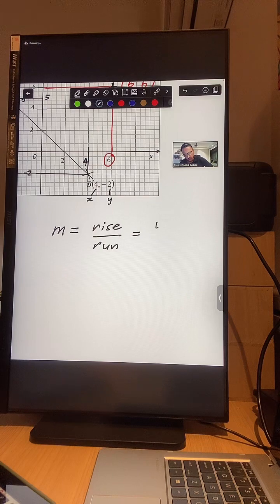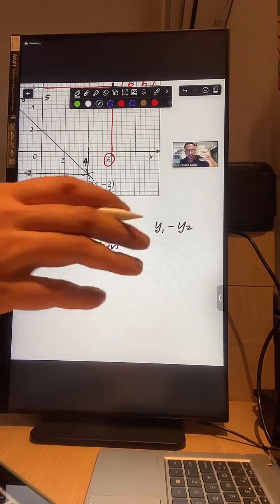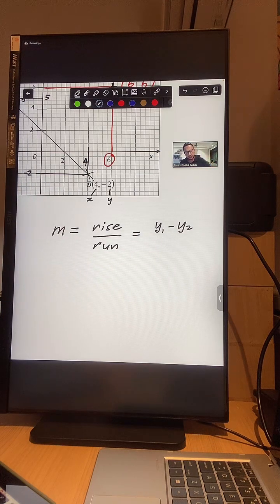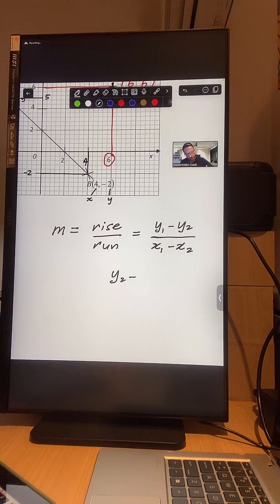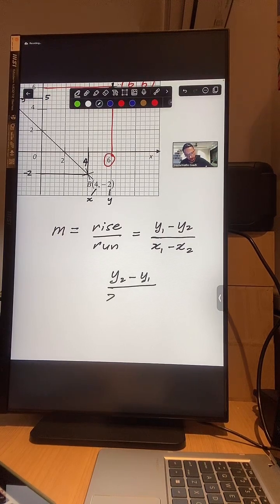So this is your y1 minus y2. Run is a change in the horizontal space, so this will be x1 minus x2. The thing about gradient is, it doesn't matter whether you put y1 minus y2 over x1 minus x2, or if you decide to use y2 minus y1 over x2 minus x1, both can.